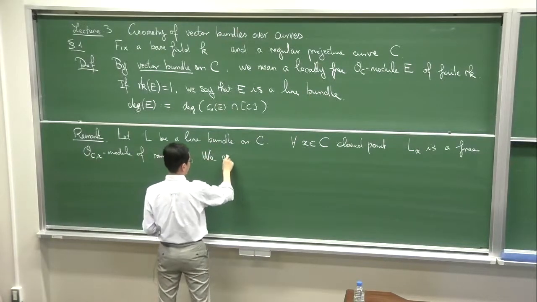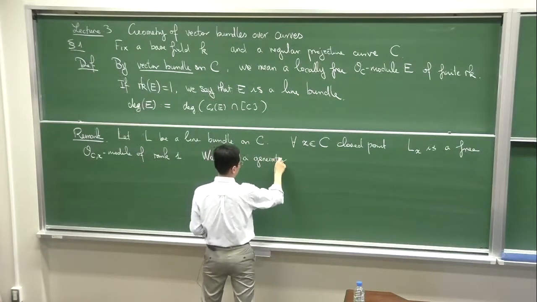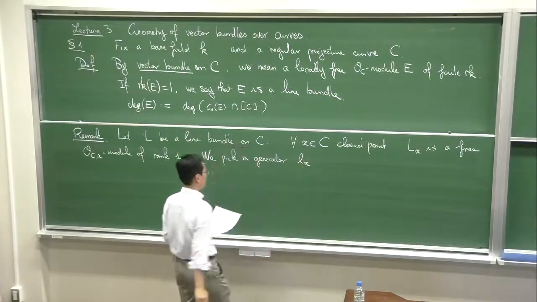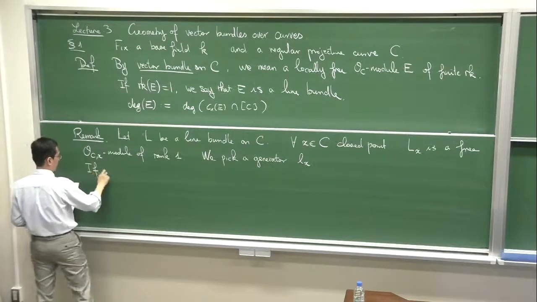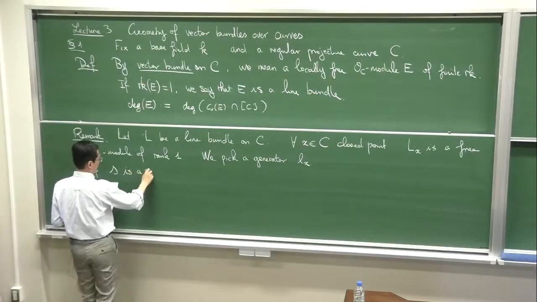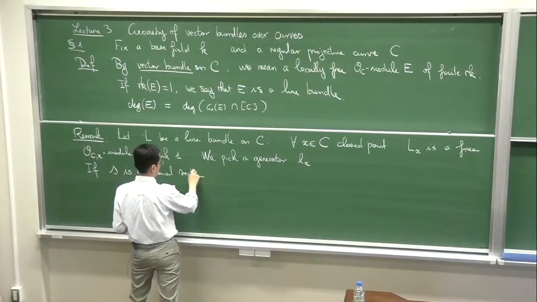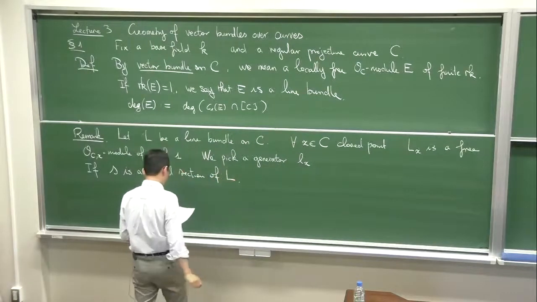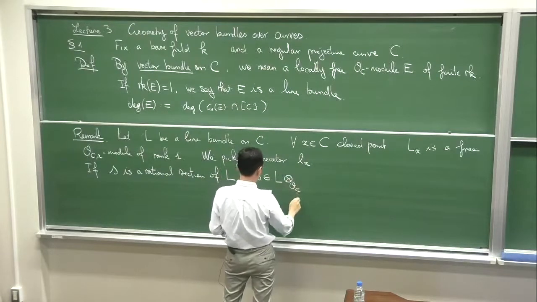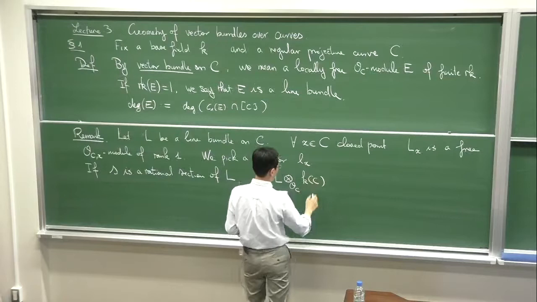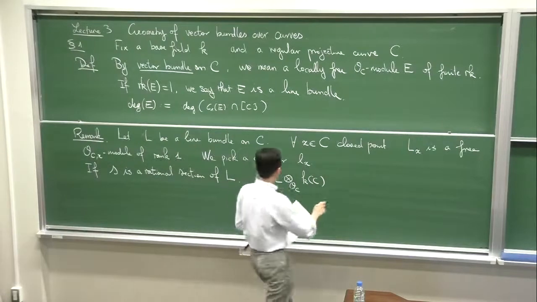So we can pick a generator of this free module of rank 1, denoted L_x. And then if s is a rational section of L, namely s is an element of L tensor over O_C of K_C, this is the field of rational functions on C.